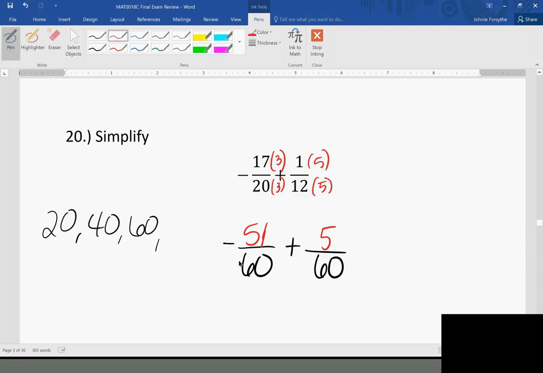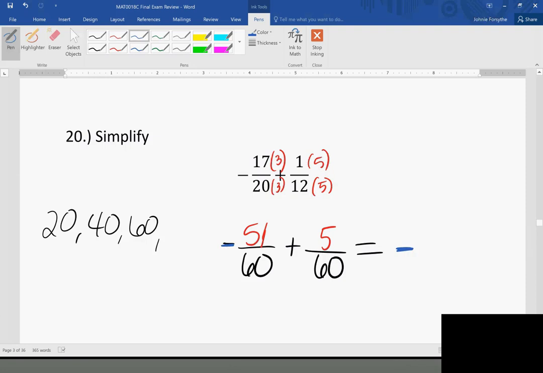So I am adding numbers with different signs. So I'm going to subtract and take the sign of the larger number. So ignoring the negative right now, which is bigger, 51 or 5? 51 is. So since that's a negative 51 over 60, I'm going to have a negative answer. Okay?